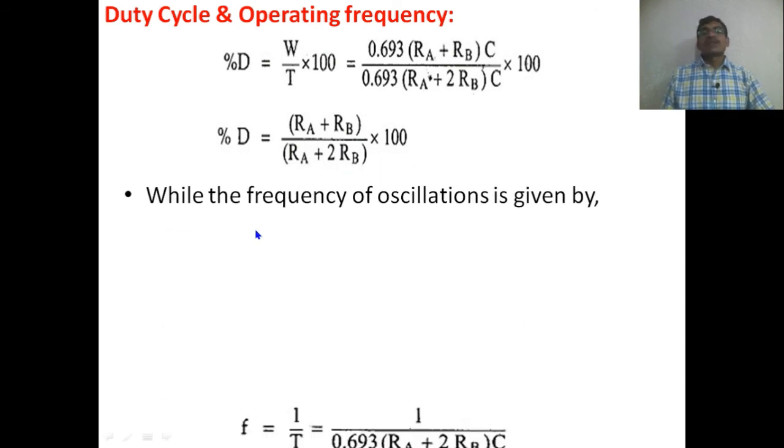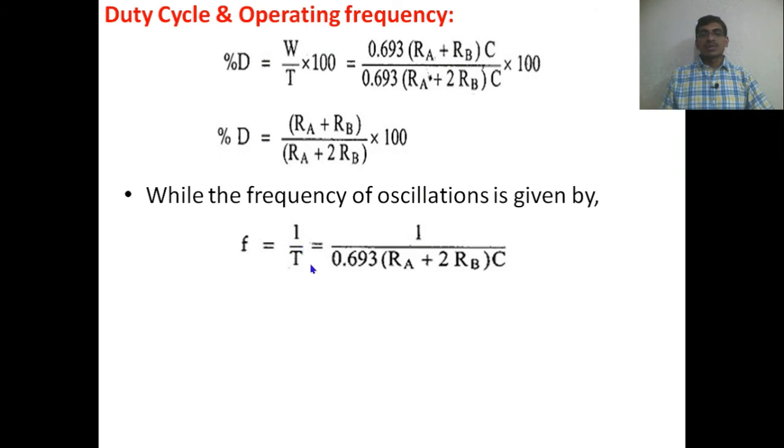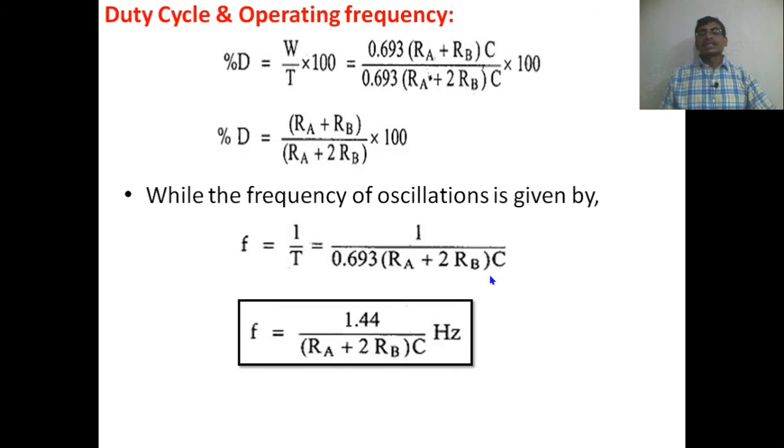The frequency of oscillations is given by f equal to 1 by the time period, which is 1 by 0.693 into (Ra plus 2Rb) into C. Therefore, 1 by 0.693 can be written as 1.44, so f is equal to 1.44 divided by (Ra plus 2Rb) into C hertz.